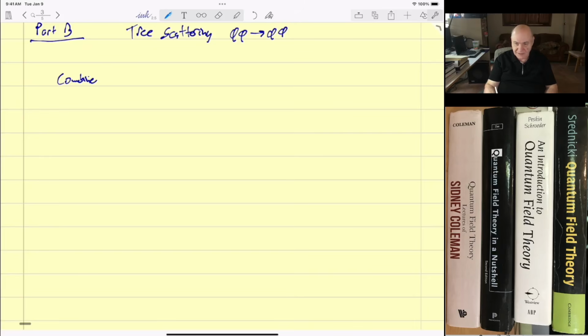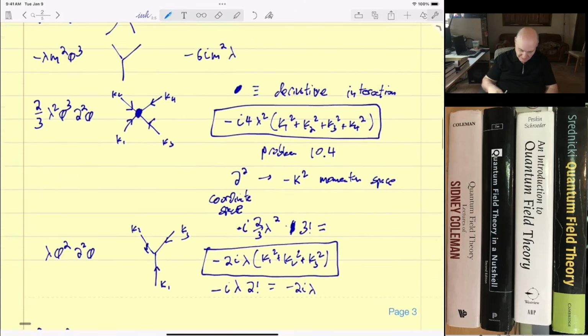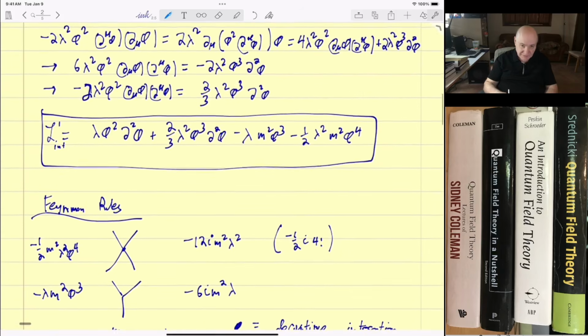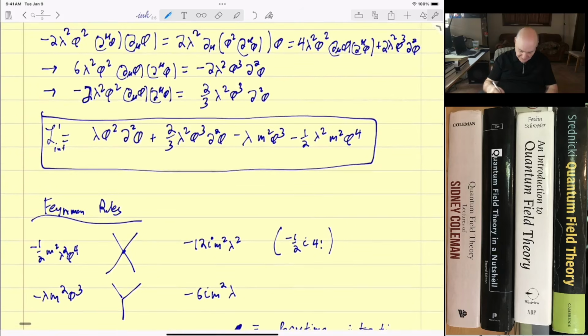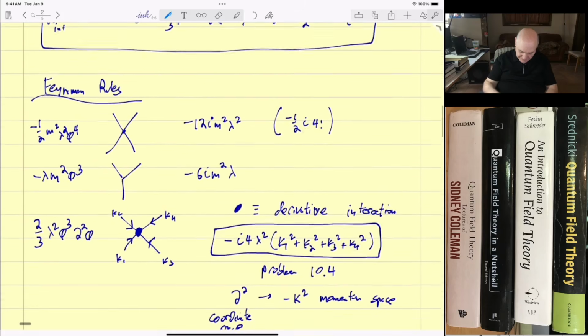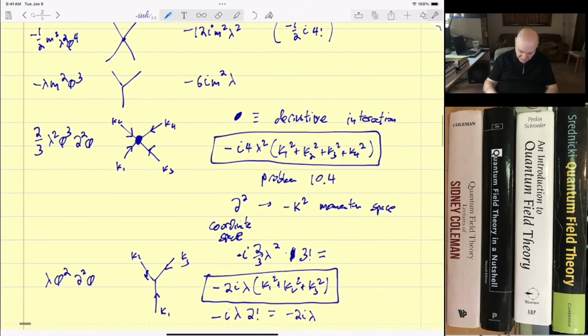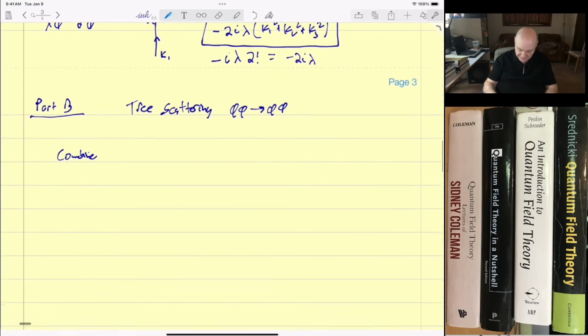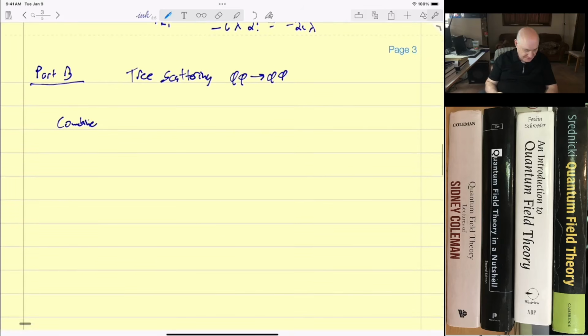So I had a lot of diagrams, starting with this one over here, and then I went to the next one, and I didn't combine the 4s and the 3s, and it became algebraically very messy. It worked out in the end, but I've grown up a little bit. Now I'm 69 years old, and I'm a little bit smarter and tireder.